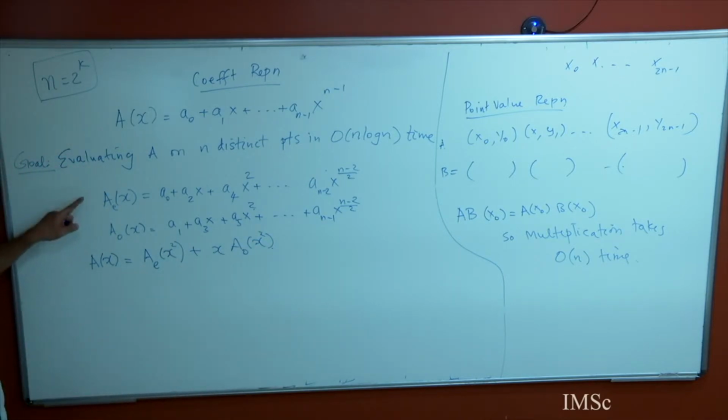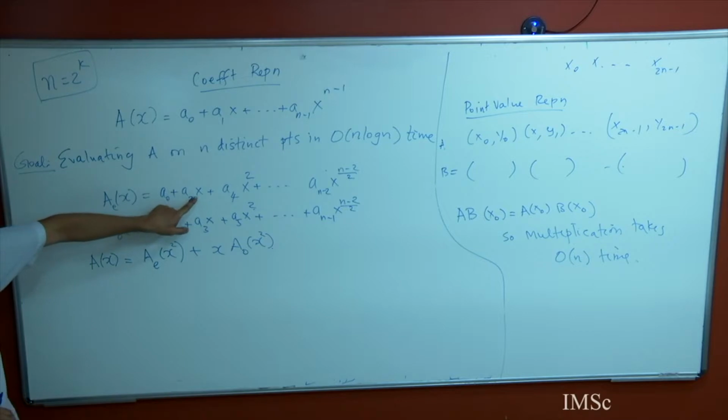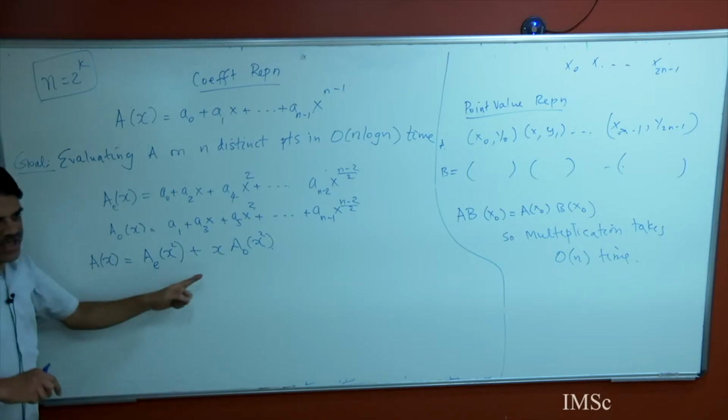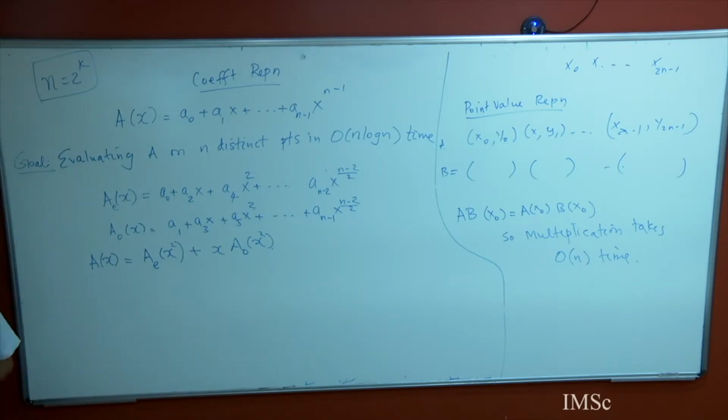So, I have again rewritten: instead of x, I have to plug in x square to get x power 4. So, this is my Ao of x. I have gotten a polynomial of half the degree with only the odd coefficients and another one with even coefficients, and it turns out I have written A of x something like this.